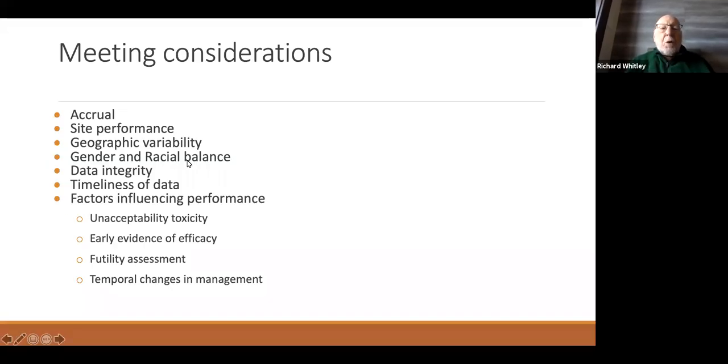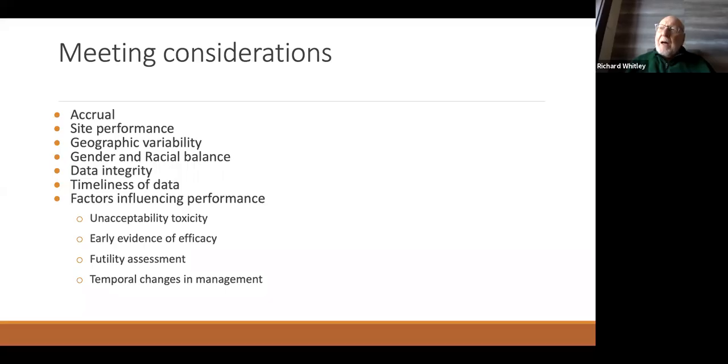There has to be gender and racial balance in all the clinical trials. For example, with COVID-19, there needed to be a stress on underrepresented minorities, always a challenge, and also the elderly who are particularly high risk for severe consequences of disease. The Data Safety and Monitoring Board has to monitor data integrity.